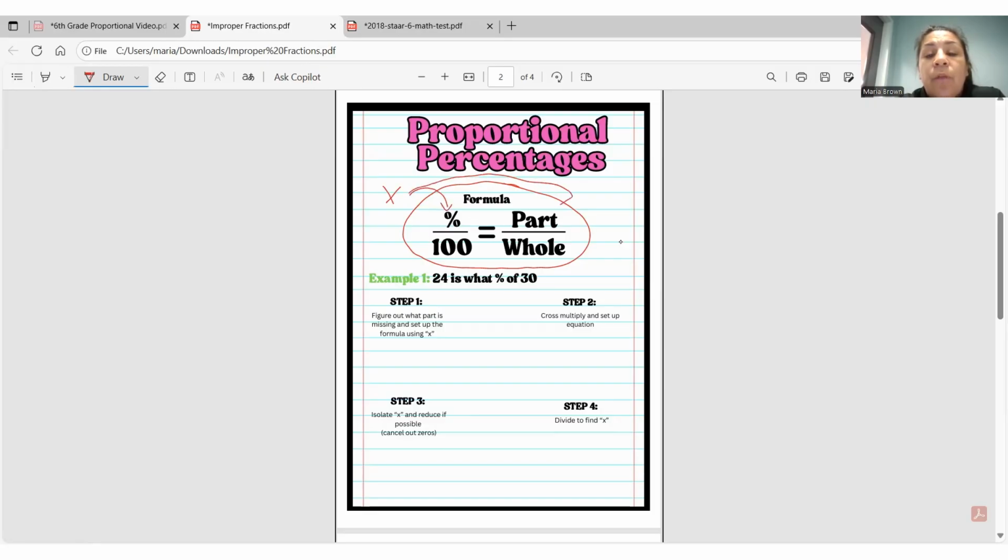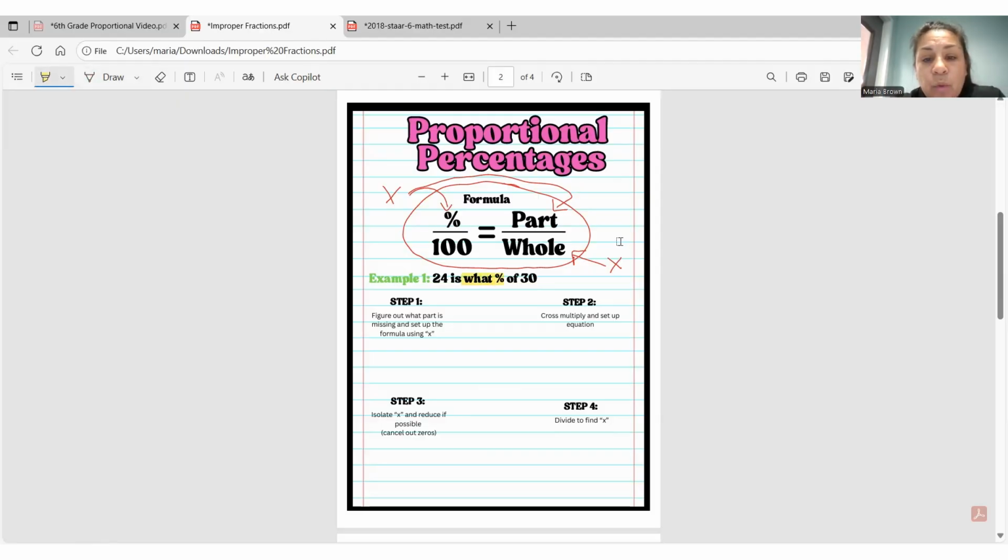If we're looking for the part, x will go here. And if we're looking for the whole, x will go here. And then we will plug in all the other information that we know into the correct spots before we start working on our problem.